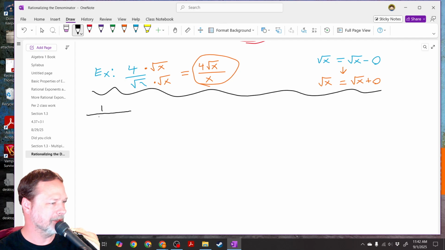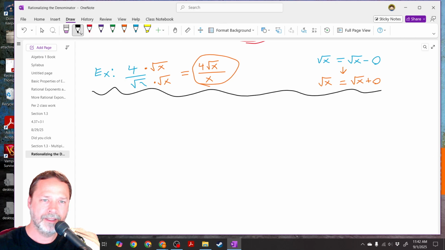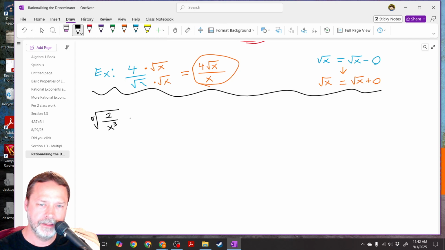So let's see here. 1 over 3, no. I don't want to do 1 over. What I want to do, I apologize, is the 5th root of 2 over x cubed. This is going to require more work, surely. And so with this, we're like, well, the whole thing's under a root.